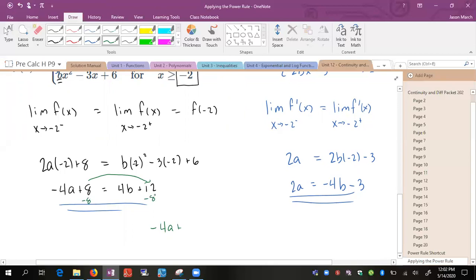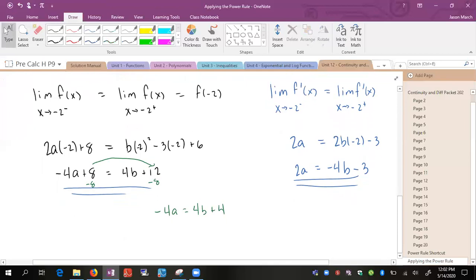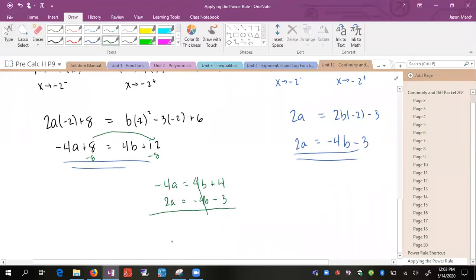So it's really -4a equals 4b plus 4. And then the second equation is 2a equals -4b minus 3. And that works out really nicely because if I add these two equations together, the b's cancel. And so we get -2a equals 1 and a equals -1/2.